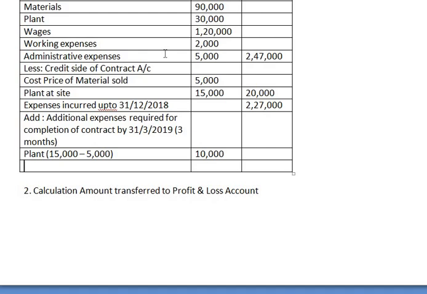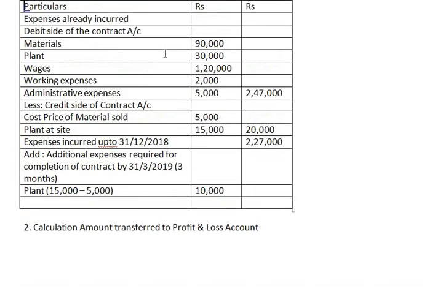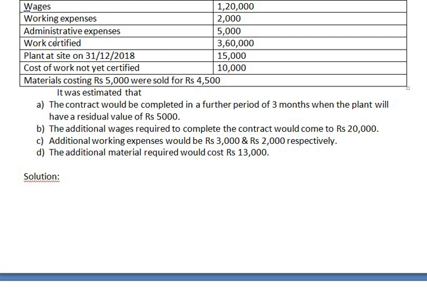Now next, go through the problem. Second point is the additional wages required to complete the work is 20,000. Then working expenses 3,000. Additional material required would cost rupees 13,000.